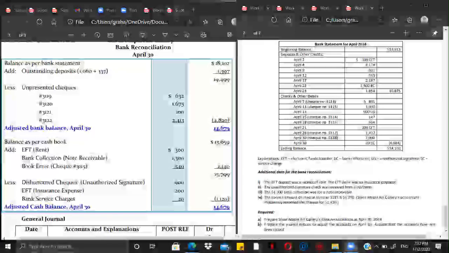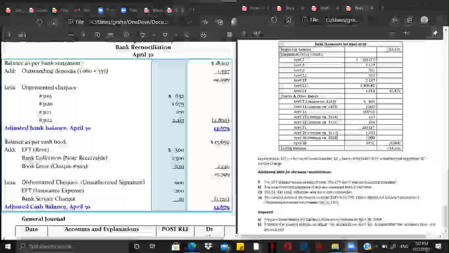The correct amount is supposed to be 1,390, and the correct amount is on the bank statement, right? But in your cash book, they recorded it as 1,930. Here it is, 1,930, right?